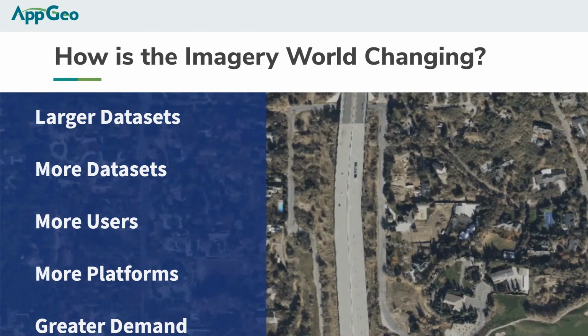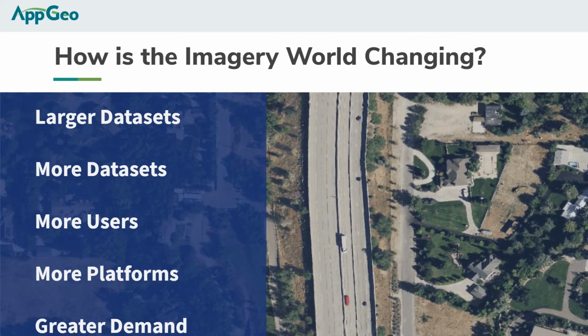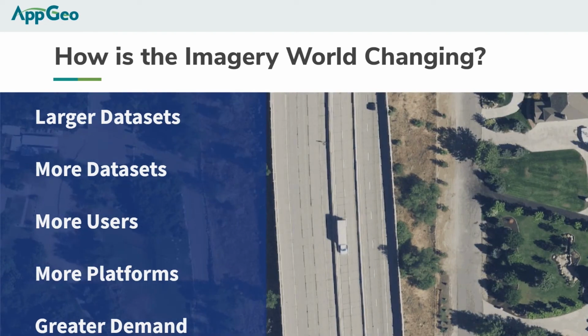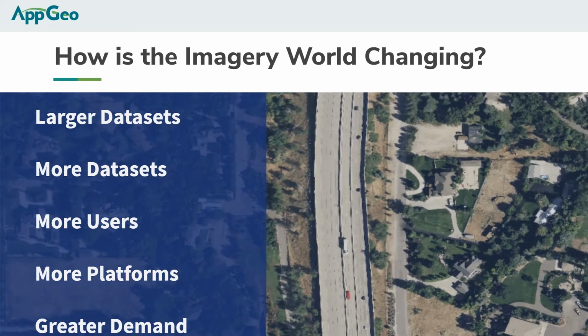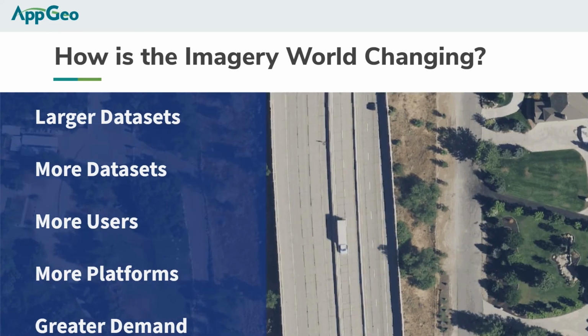But we also have more users as more departments start seeing the value imagery can add to their workflow. So with more users comes an increase in the number of platforms users want to access your data through. Different departments are experienced in different software or different technologies, each meeting their own unique demands.